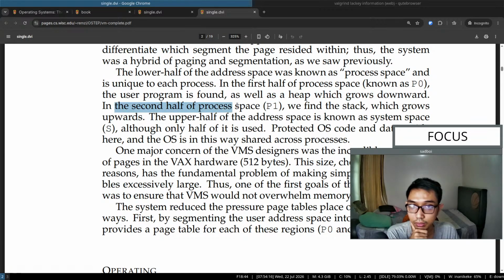In the second half of process space, P1, we find the stack, which grows upward.